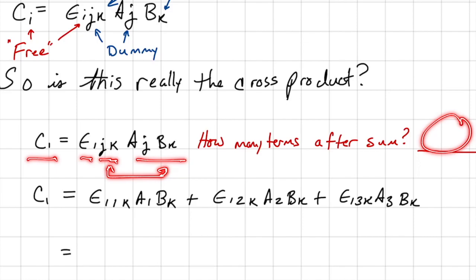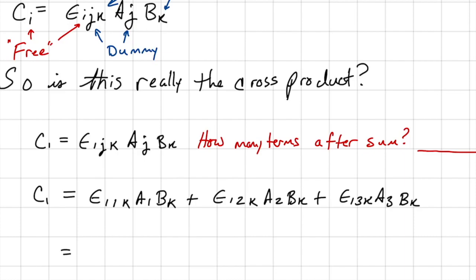And when I say how many terms, I always mean how many non-zero terms. If you were to strictly do the sum without worrying about non-zero terms, you would get 9, because you would get 3 from j and 3 from k. But we know that most of those terms are going to be 0. So how many non-zero terms are we going to get? Hopefully you can fill that in over there.